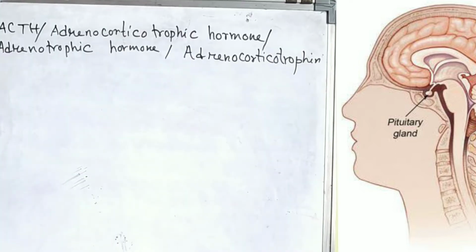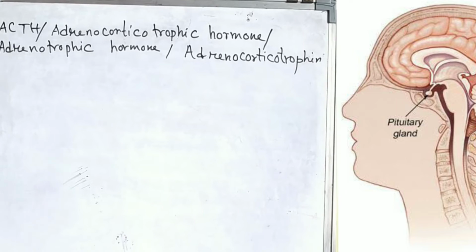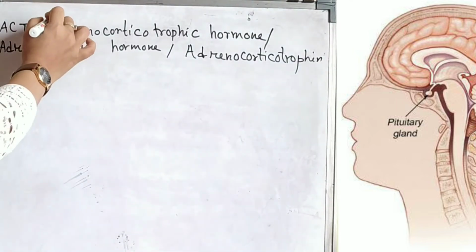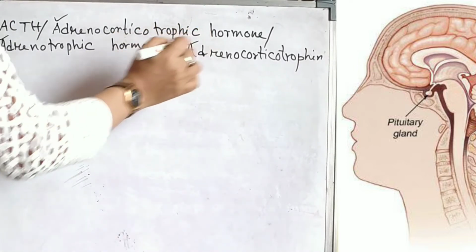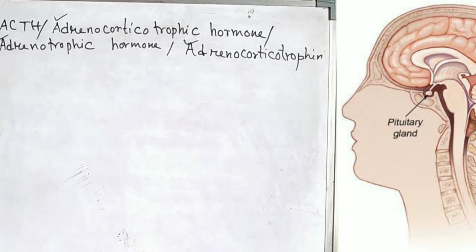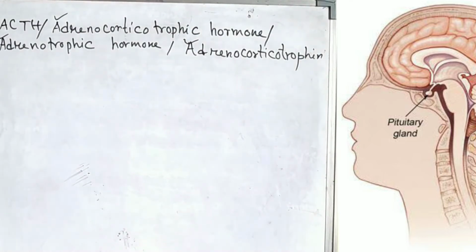The next hormone is ACTH, which is also known as adrenocorticotrophic hormone, adrenotrophic hormone or adrenocorticotrophin. These synonyms are very important for the exam.